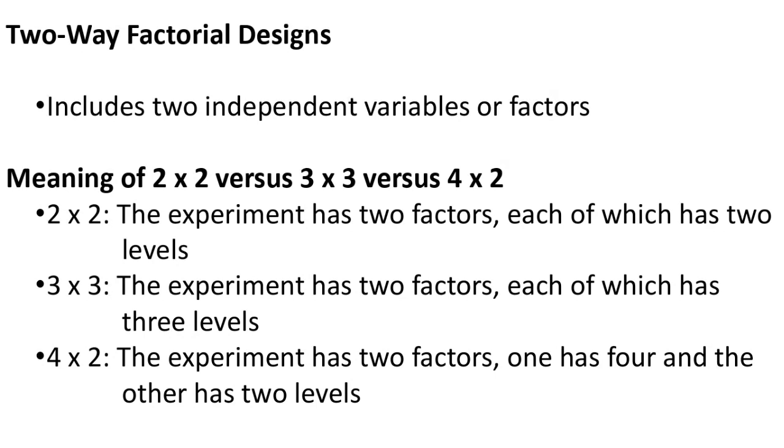And for 4 times 2, you have 2 factors, one has 4 levels and the other has 2 levels. Does that make sense in terms of the notation? Okay.